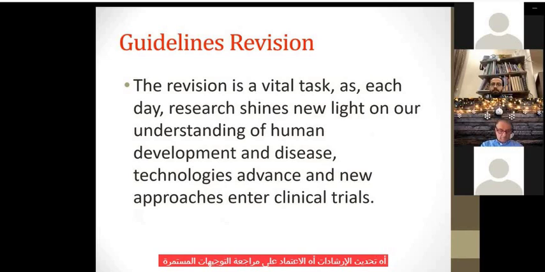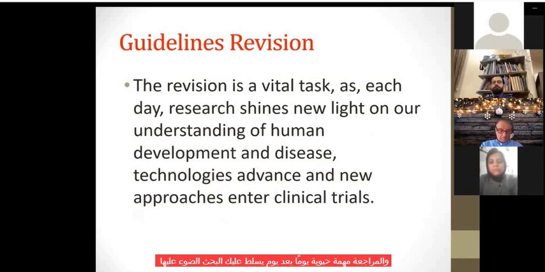Updating of guidelines relies on continuous guidelines revision, and the revision is a vital task.